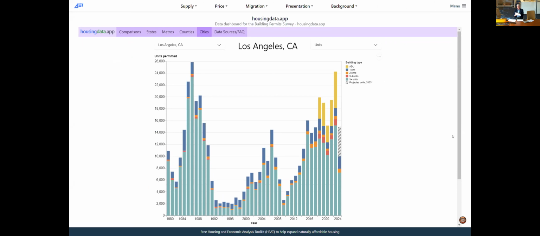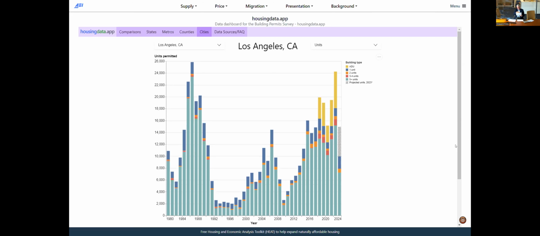There's some information for California cities that comes from the Housing and Community Development Department in California on ADUs. But in general, it's from the Census Bureau and goes back to 1980 and shows you at the city level. You can look at the county level. This is the city, the number of permits issued and what type of permits they're issued.